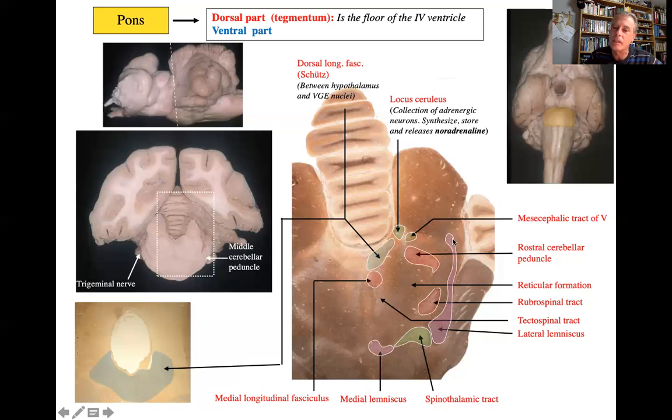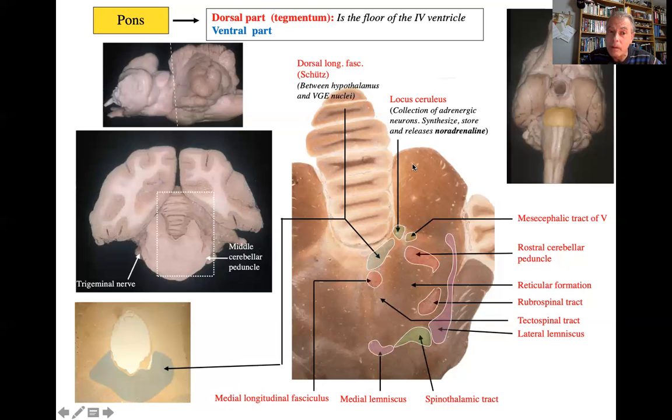This lateral lemniscus is a tract of fibers that is coming from the dorsal nuclei of the trapezoid body for audition. They are auditory, acoustic fibers, and they are going up and they reach the caudal colliculus.